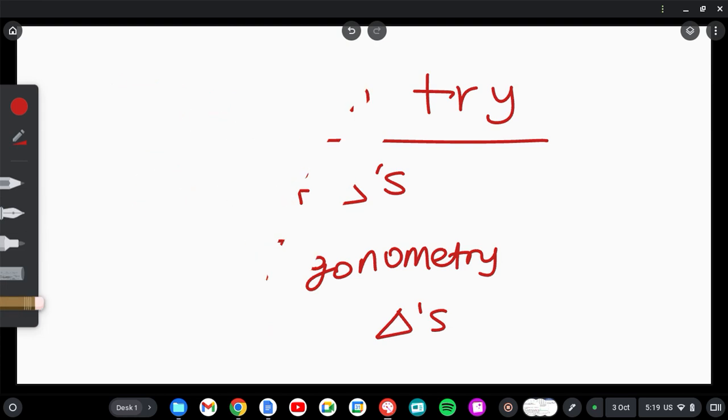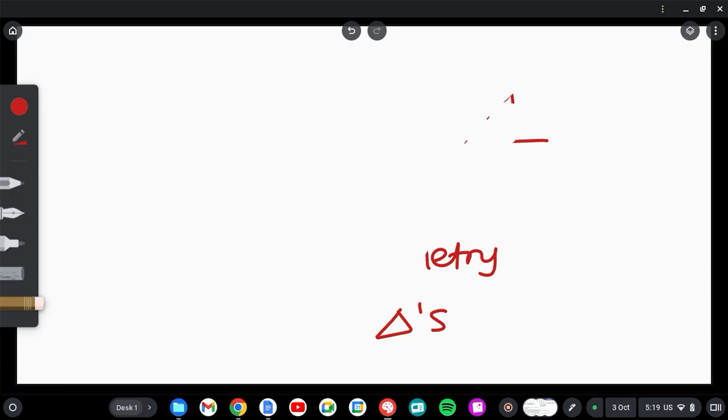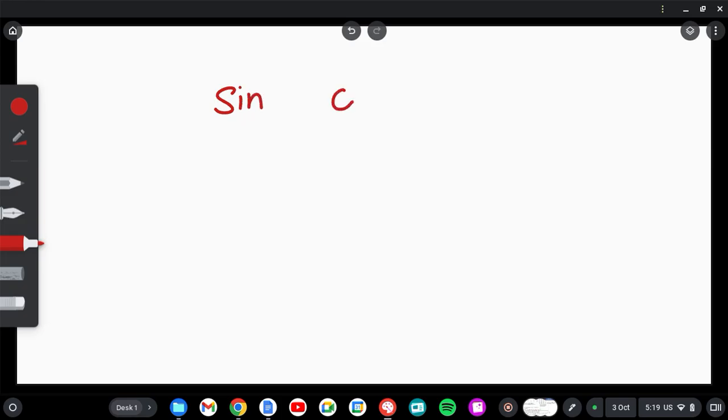Okay, so the first topic is about trigonometric ratios. What are trigonometric ratios? You will need to know your basics well and how you can key the function into your calculator. So in your calculator, you will see some buttons. You will see a this, and a this.